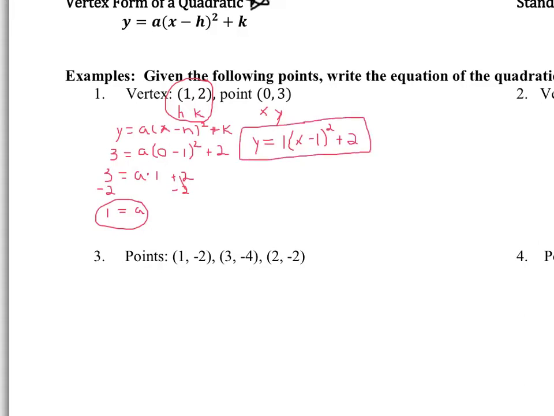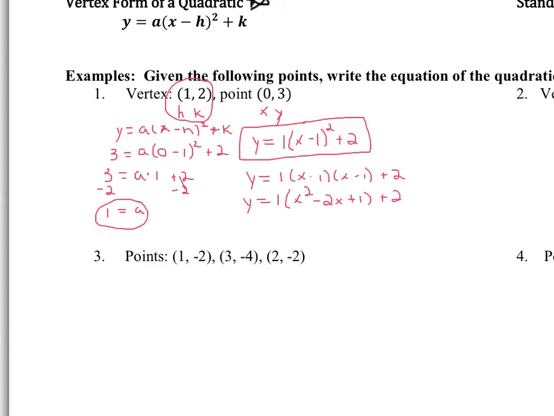And then now, once you have it in vertex form, you're just going to multiply that out to get it into standard form, which is what we've been doing these past few days. So let's do that. y equals 1 times x minus 1 times x minus 1 plus 2. So we have to multiply first. Multiply these together. You're going to have x squared minus 2x, and negative 1 times negative 1 is positive 1, and plus 2.